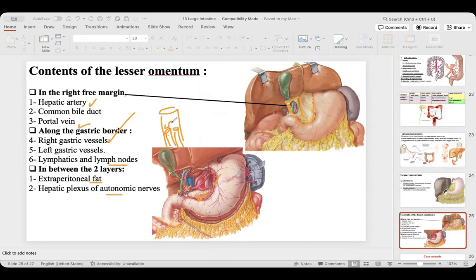The portal vein is behind, and in front of it, one to the right and one to the left: the common bile duct to the right and the hepatic artery to the left. So all are the contents of the free border of the lesser omentum.